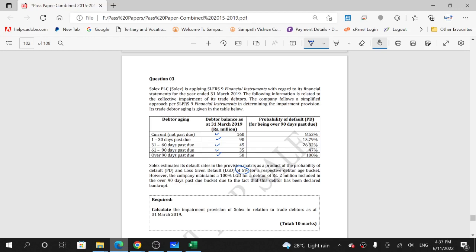It says here 160, 90, 45, 35, 50, but specifically they are saying, however, the company maintains 100% LGD for debtor of 2 million included in over 90. Right? This 2 million is included. Out of this 50, there's 2 million worth of a debtor who is considered as a bankrupt person.